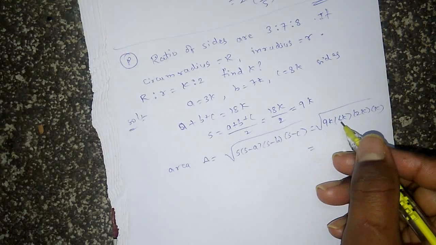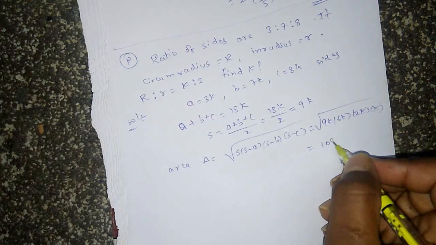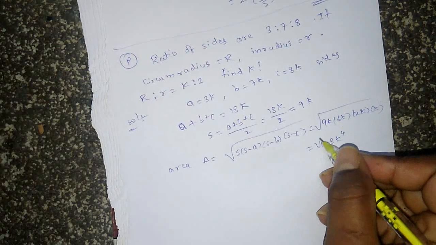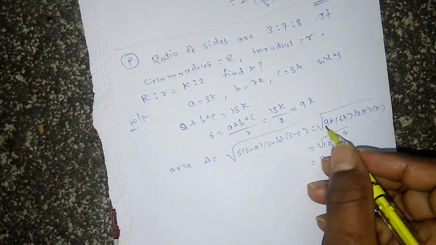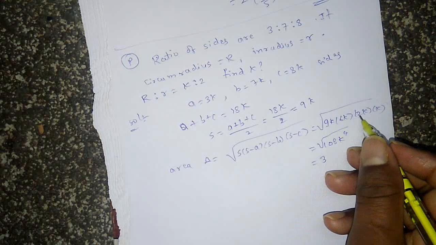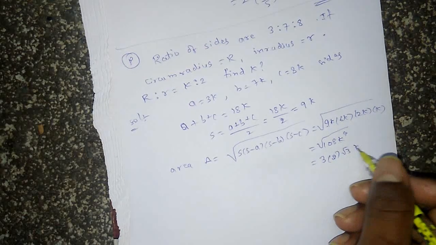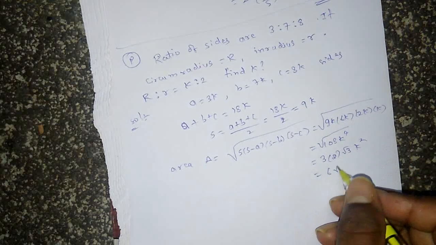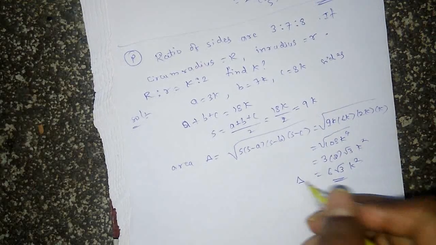This is 9 × 6 = 54, × 2 = 108, k⁴. So this will be 3 root 9 is 3, this is 6 × 2 = 12, that is 2 root 3 k², that is 6 root 3 k², that is delta.